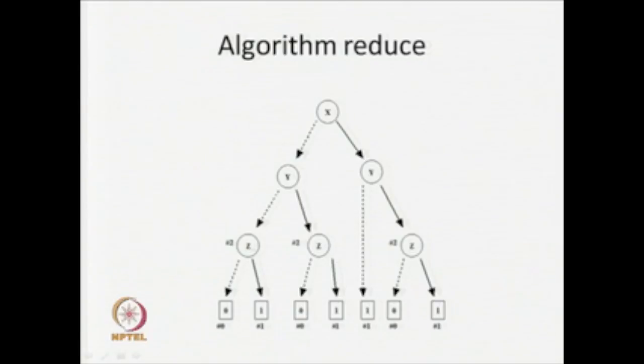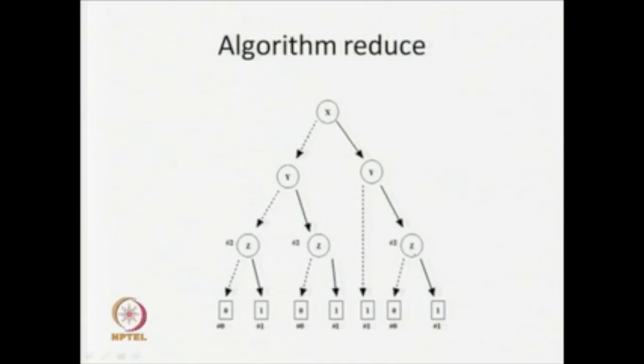So, this node will get the same label, because they have the same sub-BDD for 0 and 1. Similarly, when I come to this node labeled z, we again find that they have two different nodes, 0 and 1, so it should get a different label. But if I consider these nodes, the behavior is the same, so it is going to get this particular label too.